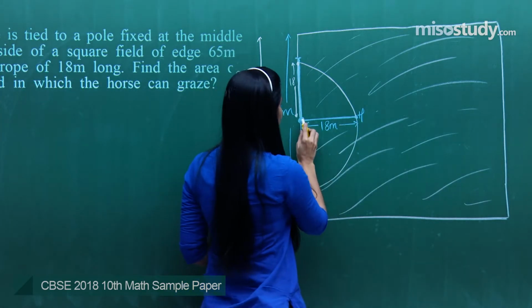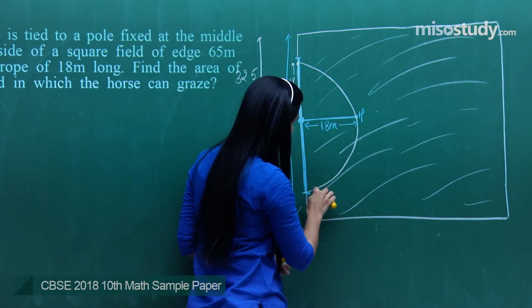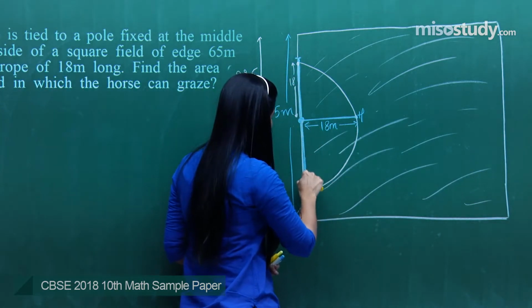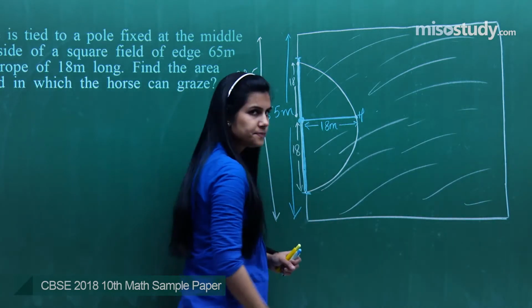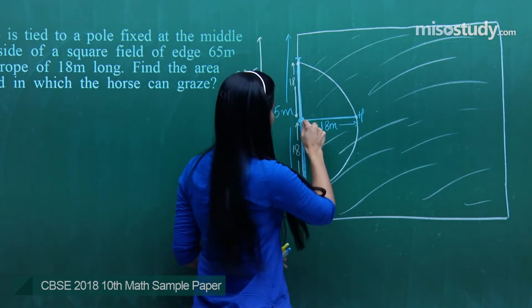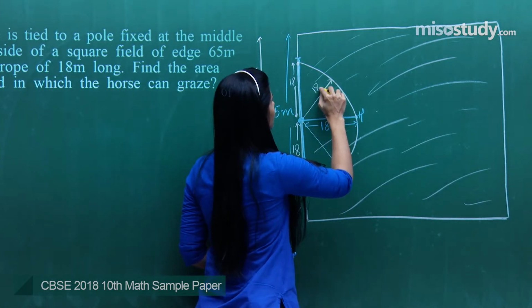Right? Similarly, with the maximum length rope, the horse can move like this also when this part is again 18. Similarly, from here to here, anywhere, it's 18.